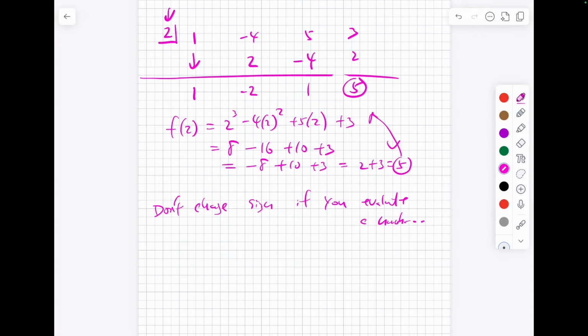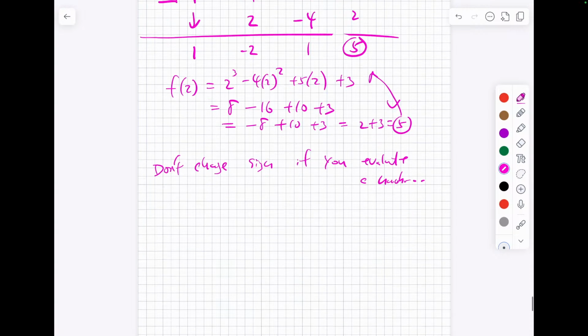Are you guys good at fractions? Imagine I ask you to evaluate this. Do you see any placeholder on this one? There's no placeholder. Good. So I say, hey, can you evaluate negative 2/3?